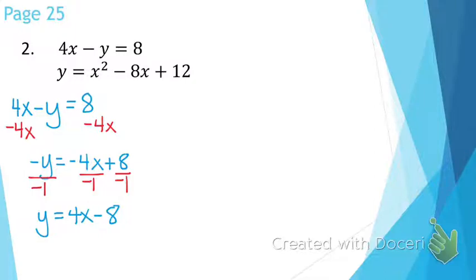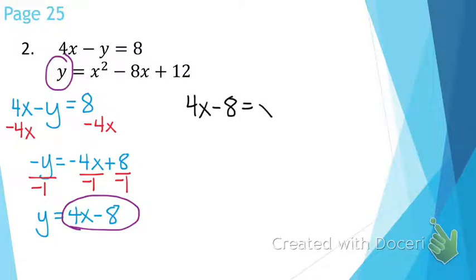So now, set this 4x minus 8 equal to your second quadratic, and then we're going to set it equal to 0. So I'm going to take this 4x minus 8, substitute it in here for y. So we're going to set them equal to each other.